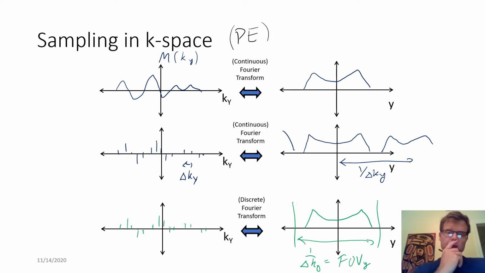Now, just as a point of clarification, that's going to become important in a second when we look at aliasing: in this case we don't have a continuous valued signal in time. We have a signal coming from each TR.